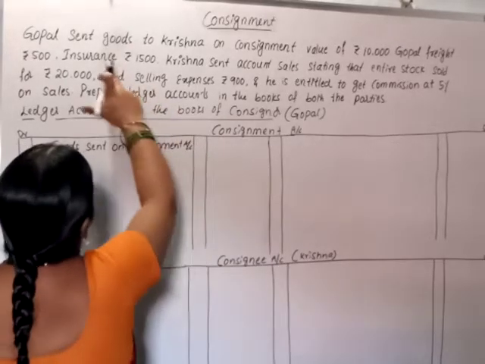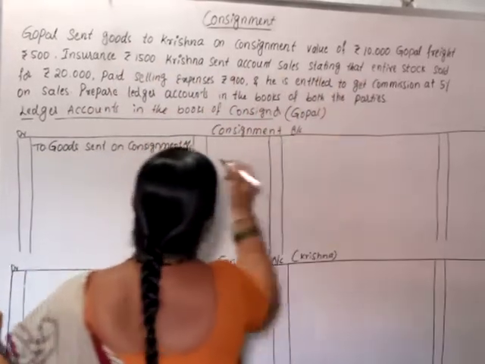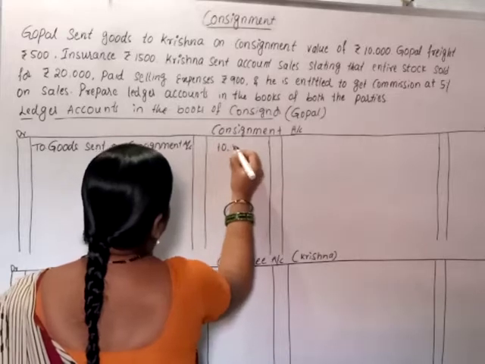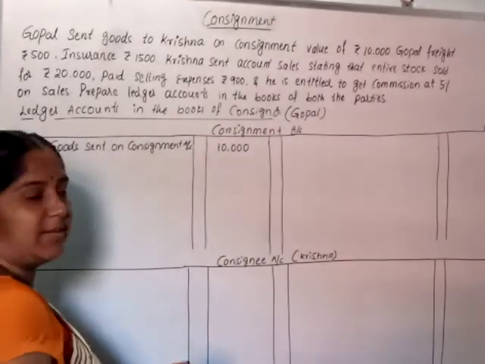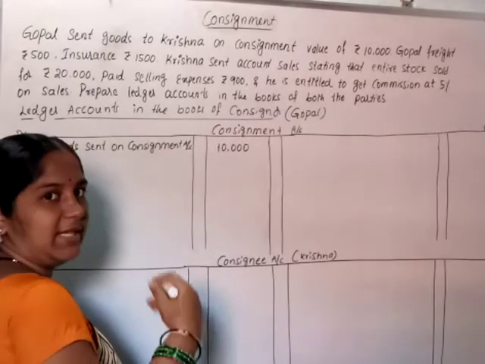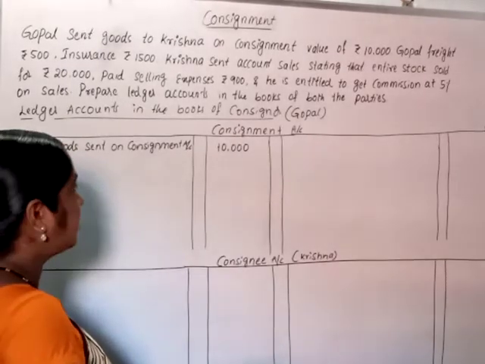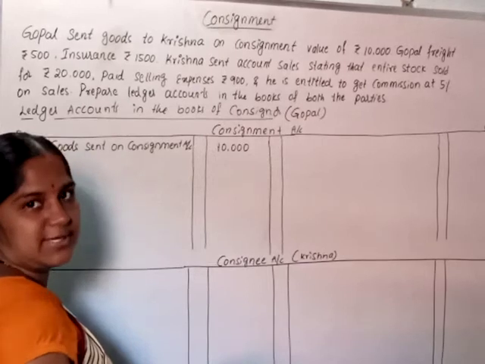How much worth of goods were sent on consignment? Rupees 10,000. So write the value as 10,000. Again, the third account, goods sent on consignment account, we should write on the credit side, because we have created the goods sent on consignment account.